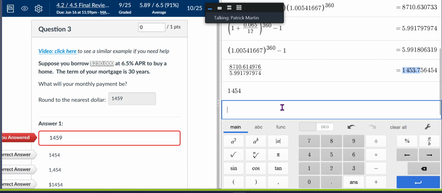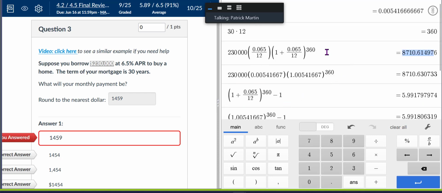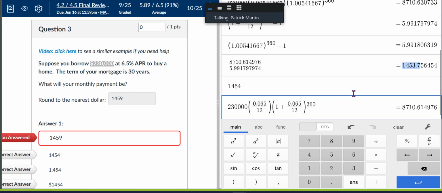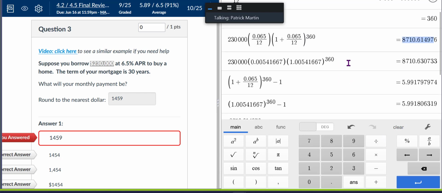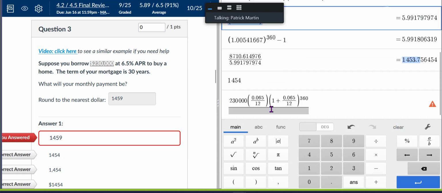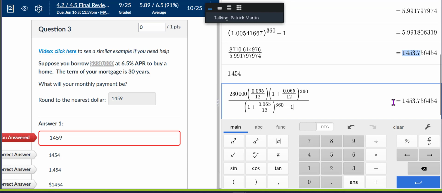Well, I guess one more thing we could do is just show that it is possible on Desmos to do the entire thing at once. So you can do all of that and then just divide by what should be on the bottom exactly, which is that, right? So that is the very exact solution right here, and that's everything all at once in Desmos.